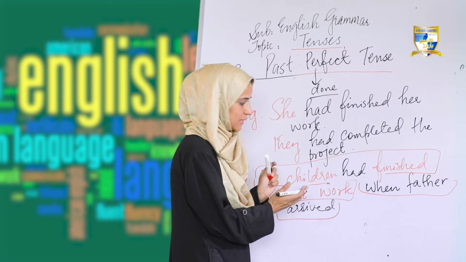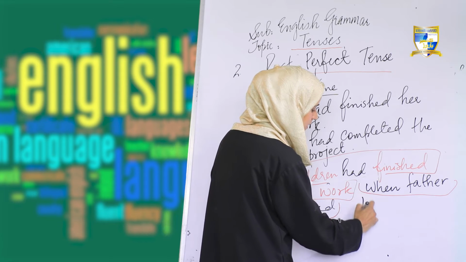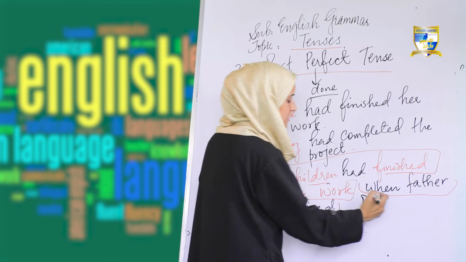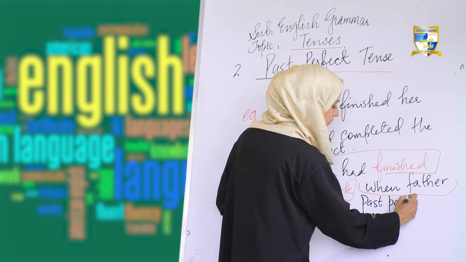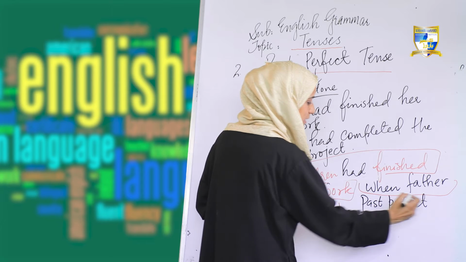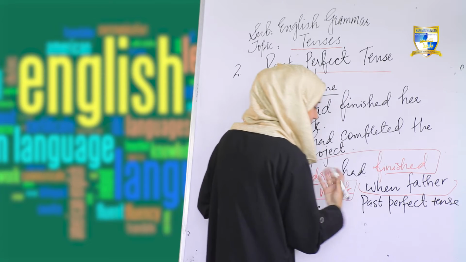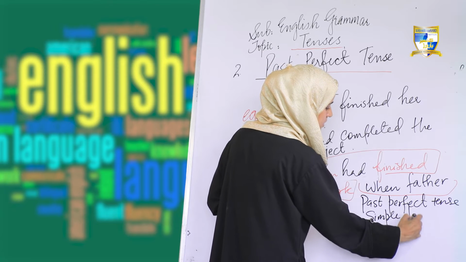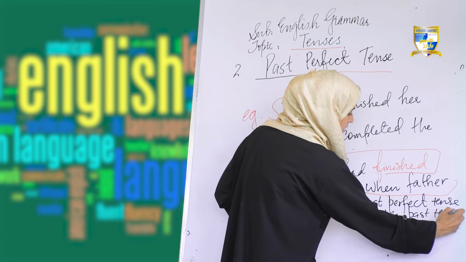So here it goes like this. Please remember it carefully: the first clause, the earlier part of the action, is indicated by past perfect tense, and the next action that happened is indicated by simple past tense.